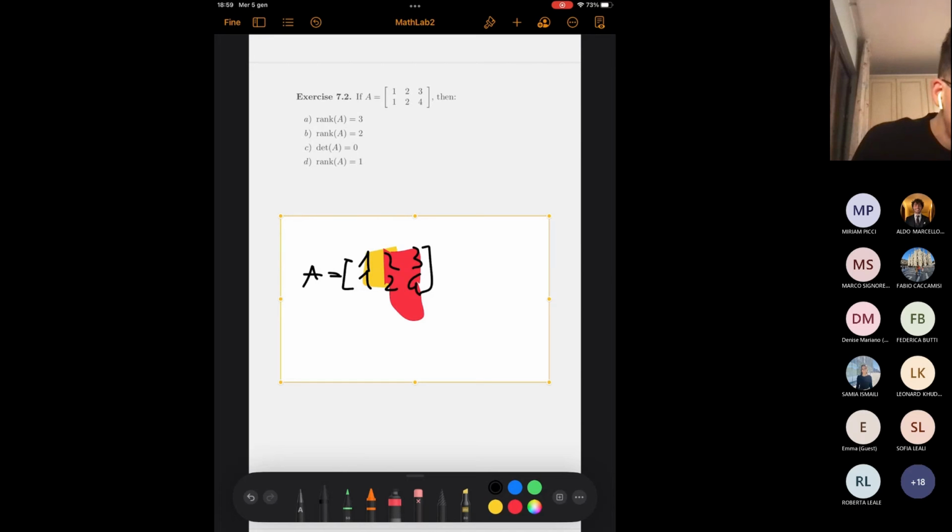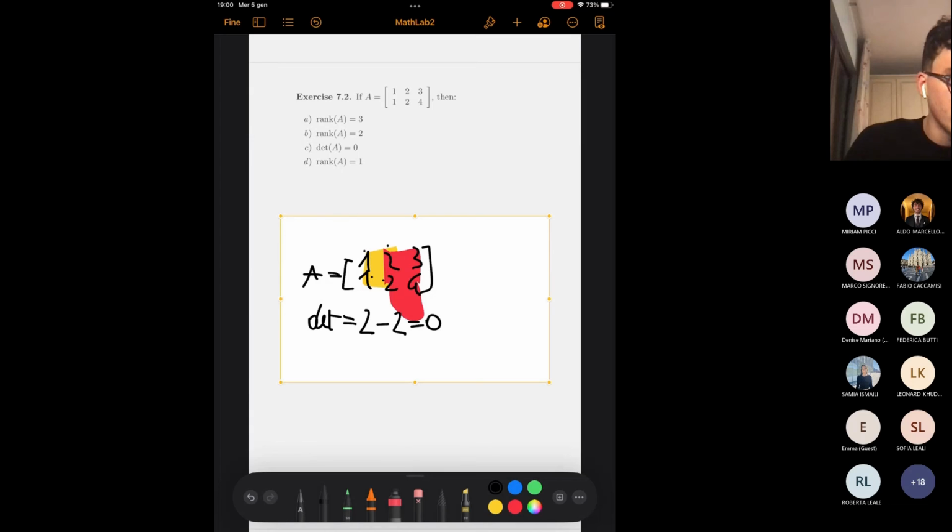Here we can see that for the yellow one, the determinant is 1 times 2 minus 1 times 2, which is 2 minus 2, so it's equal to 0. And so we cannot understand the rank of the matrix only by looking at this kind of determinant, because it's not worthwhile.